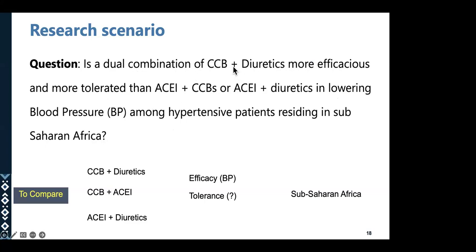We have here 3 groups. We have CCB plus diuretics, CCB plus ACI plus diuretics. So our objective will be to compare these 3 groups in terms of blood pressure changes, but also in terms of tolerance, though the tolerance here hasn't been precise, because tolerance could be clinical or it could also be on biological parameters.